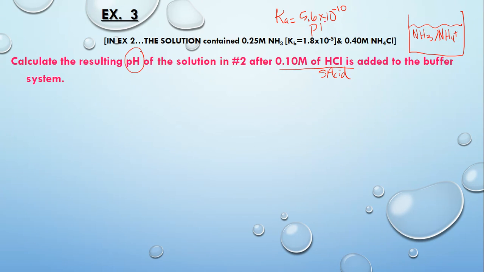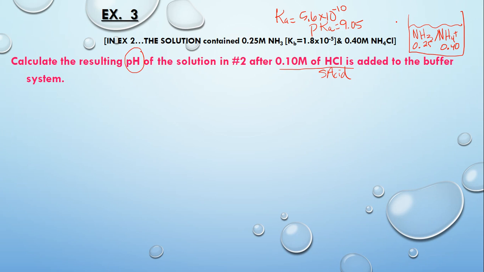So we know that the pKa of that was 9.05. We know from the last example that the ammonia concentration in the buffer system was 0.25 and the ammonium ion concentration was 0.40. And so now we're ready to proceed with the problem.